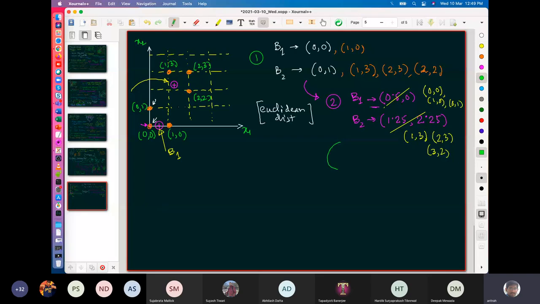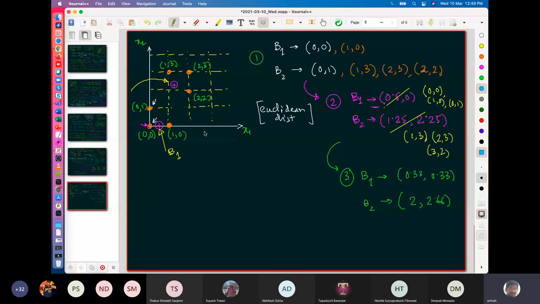Again, compute the mean. Third step, among these points. So what will be the mean in basket B1 and what will be the mean in basket B2? 0.33, 0.33. And in this basket, 6 by 3 is 2, and 8 by 3 is 2.66.